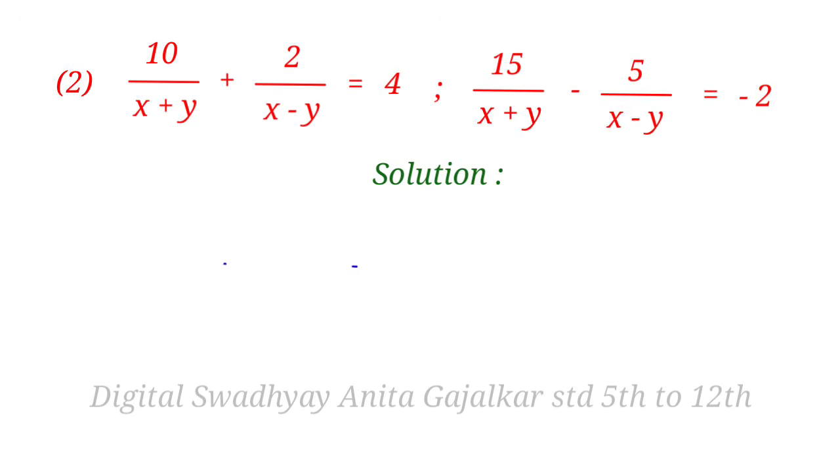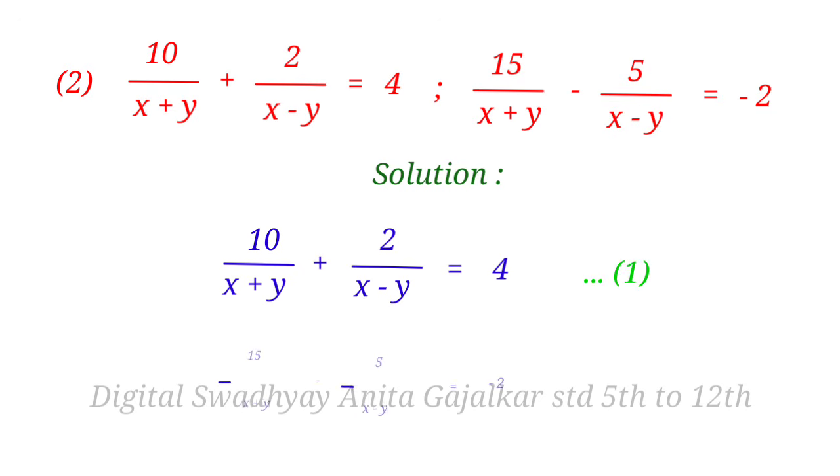Solution: 10 by x plus y plus 2 by x minus y equal to 4, equation number 1. 15 by x plus y minus 5 by x minus y equal to minus 2, equation number 2.